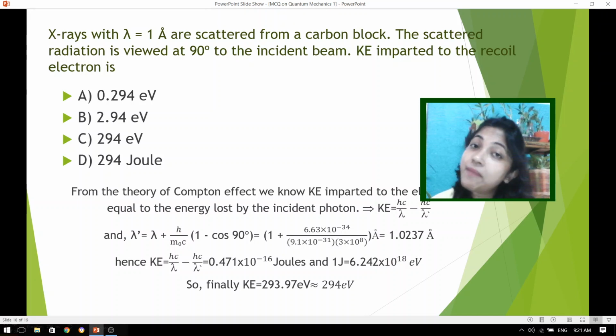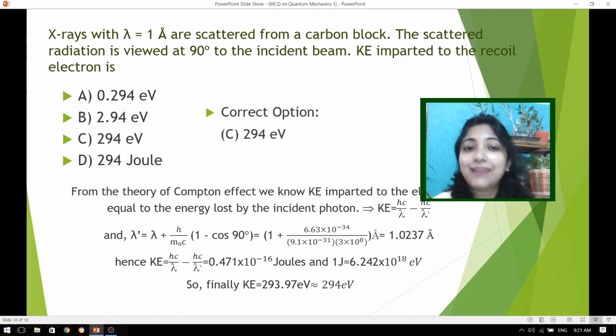You can always remember this value as well. So, when we put in this conversion, we get that the kinetic energy is coming out to be 293.97 electron volts, which is very close to 294 electron volts. Which means after so many steps, we get to the final option, which is option C, 294 electron volts.